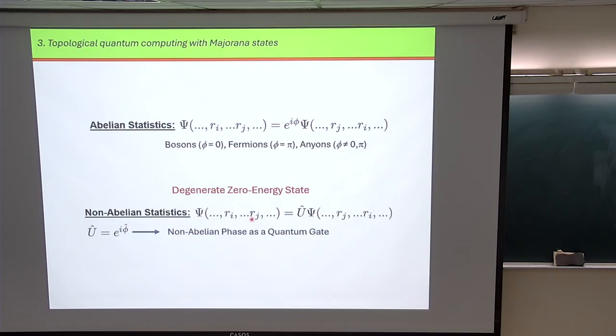A matrix is the thing that changes a vector, a linear combination of vectors, into another linear combination. So essentially, when I exchange these particles, I'm acting on my wave function with a unitary transformation. So I'm doing quantum gates just by exchanging these particles. Quantum gates are what you need to build your operation, your computation.